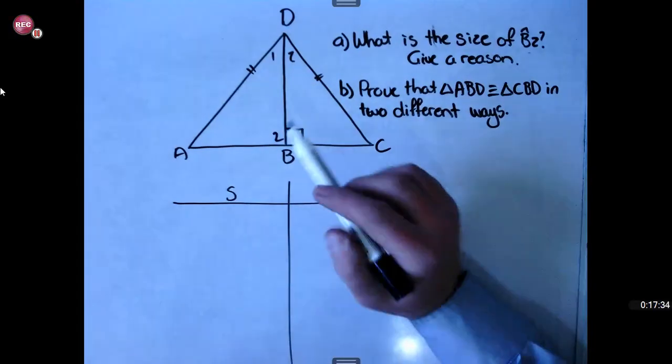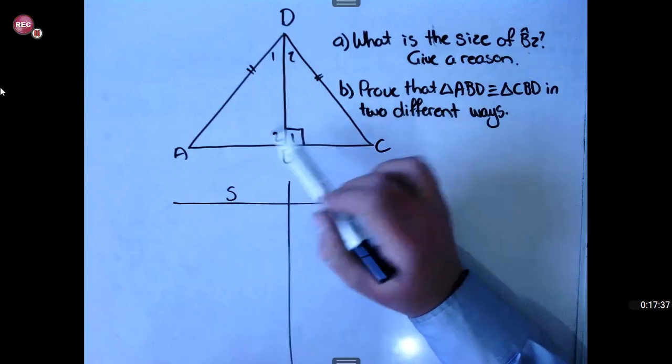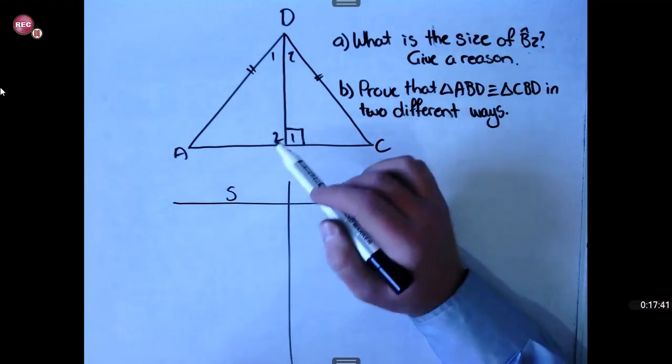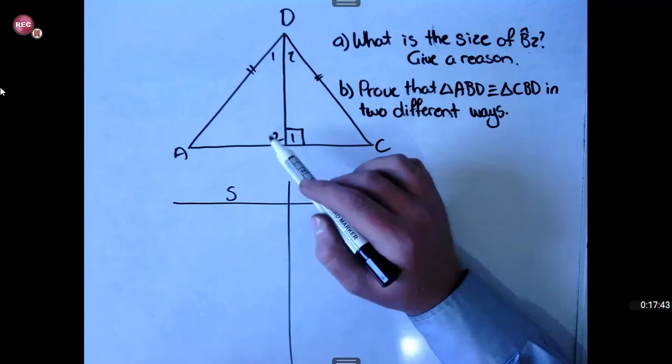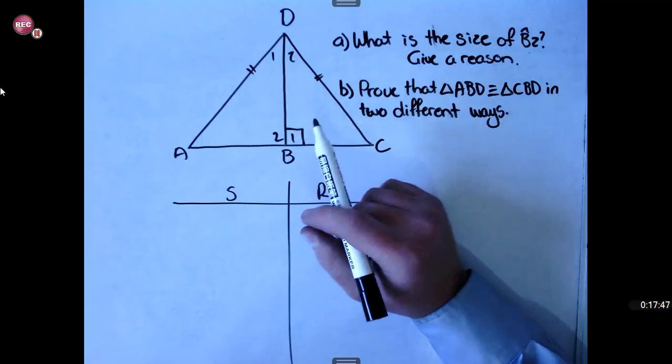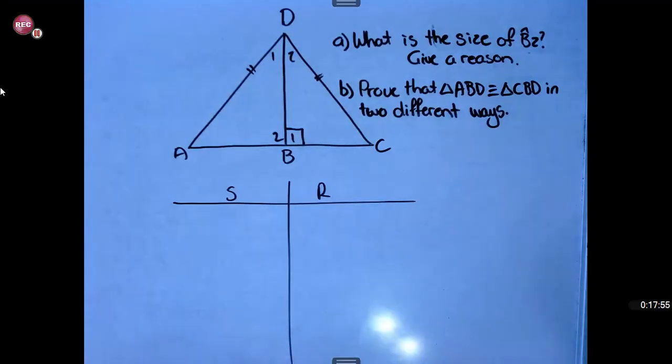Your straight line geometry is the only way that you can prove what B2 is equal to. Now obviously you all know it's 90 degrees, but you can't just say it's 90 degrees and then you don't know how you got there. It's going to leave you with a bit of a problem with regards to your marks for that question.